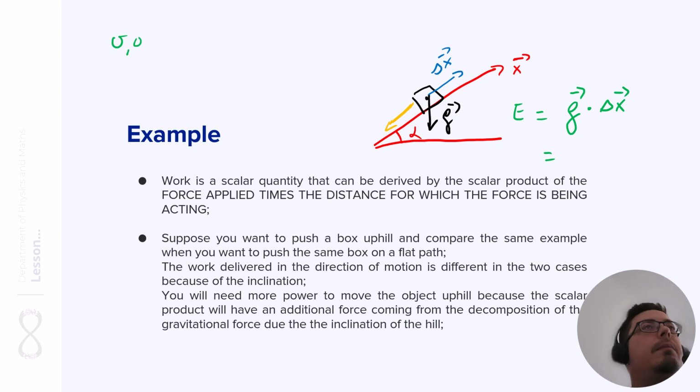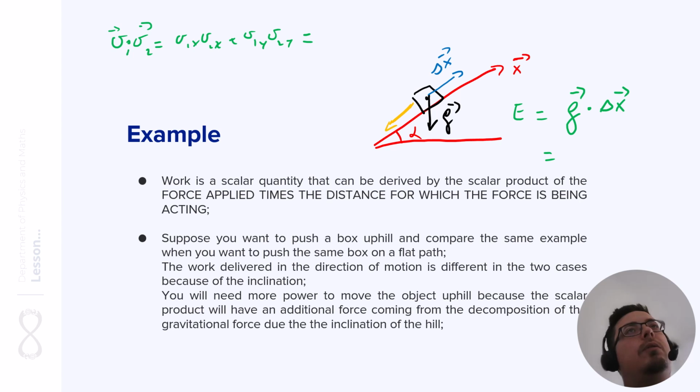We didn't say that, but when we have v1 scalar product v2, this is v1x v2x plus v1y v2y, but it is also modulus v1 modulus v2 cosine of angle alpha, and alpha is the angle between v1 and v2.